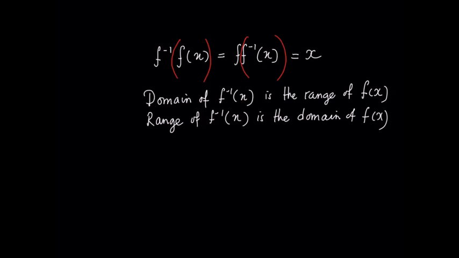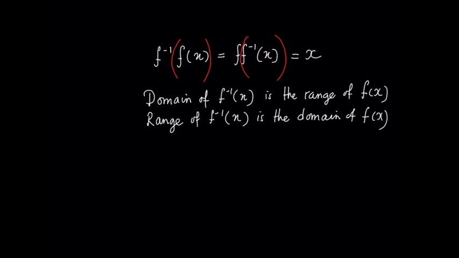And it's really important to remember that the domain of the inverse function, f⁻¹(x), is the range of the original function f(x). The range of the inverse function f⁻¹(x) is the domain of f(x). And these facts help to make it easy for us when we're working with problems involving inverse functions.